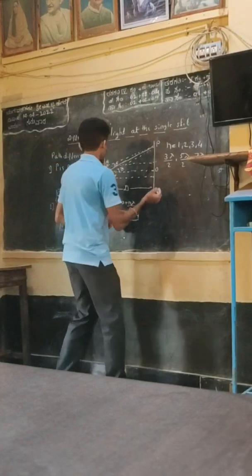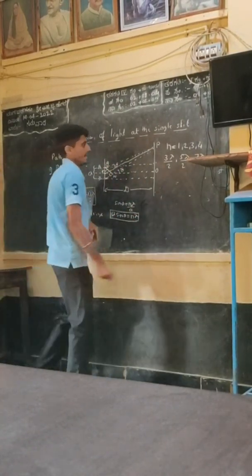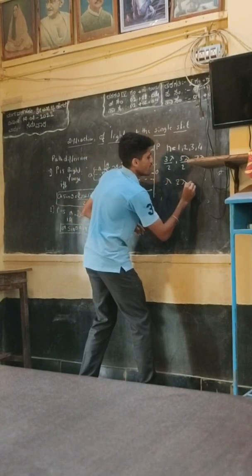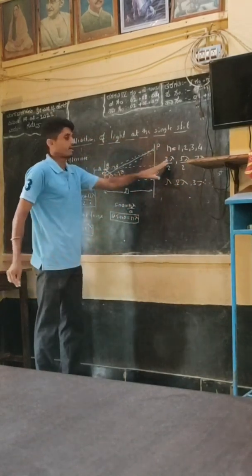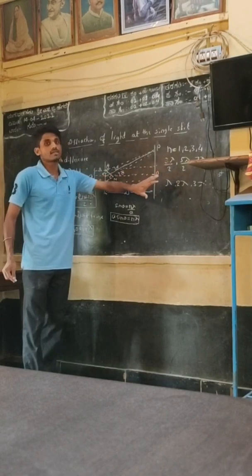So if we consider the equation A sin theta is equal to n lambda for dark fringes, it will come as lambda, 2 lambda, 3 lambda, etc. So these two are the conditions for the diffraction at the bright fringes as well as dark fringes.